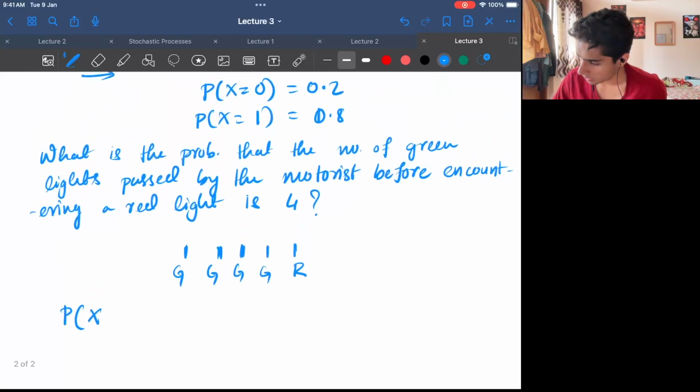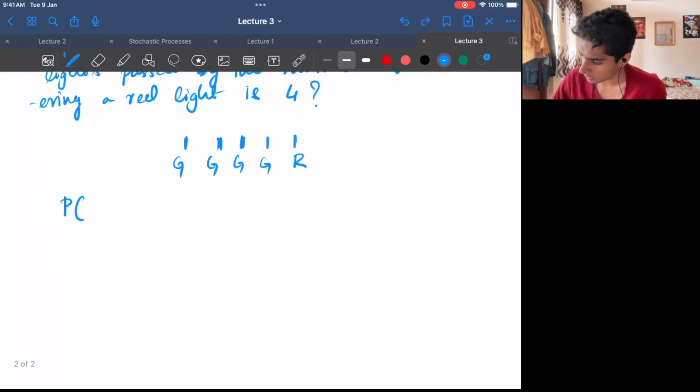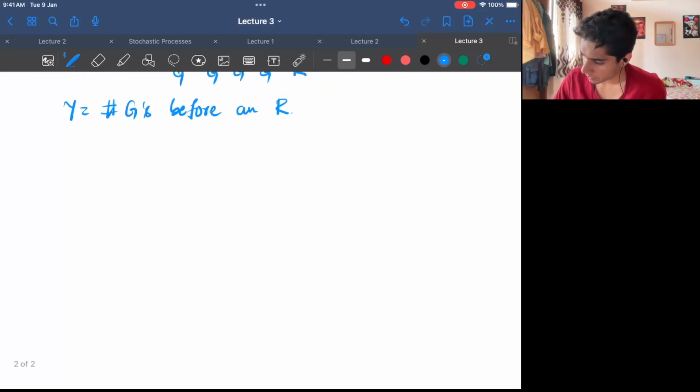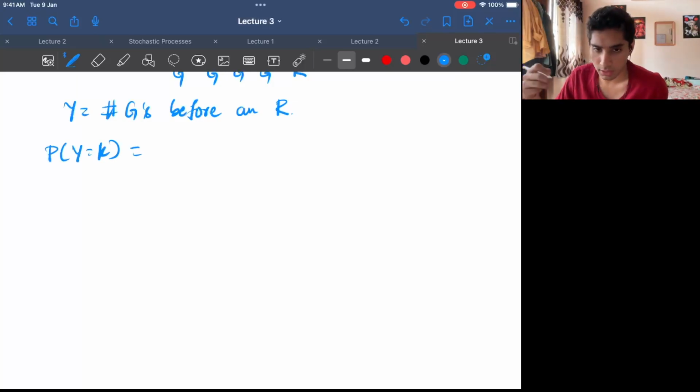Let's say y is the number of g's before an r. Let us call that random variable y. So what is the probability that y is equal to k? This is the question. It's quite simple.